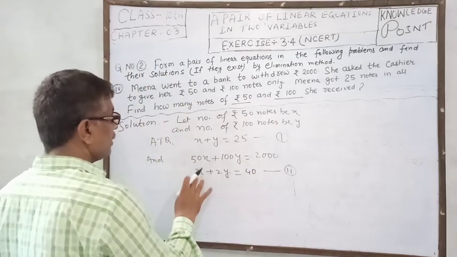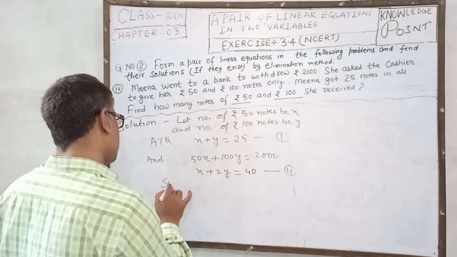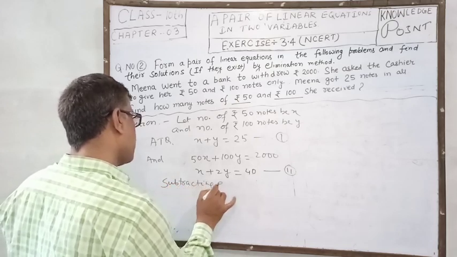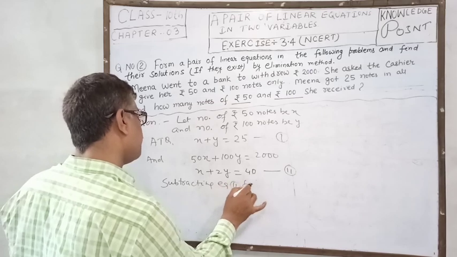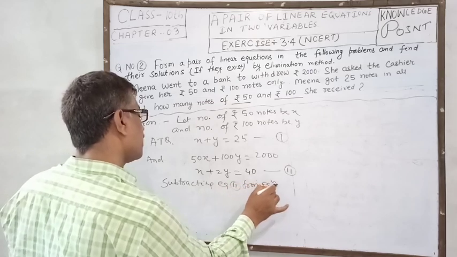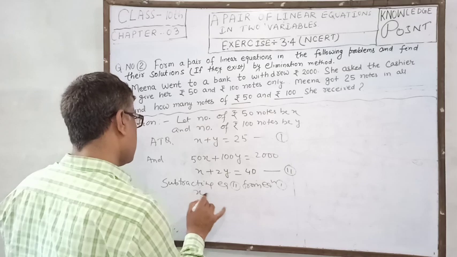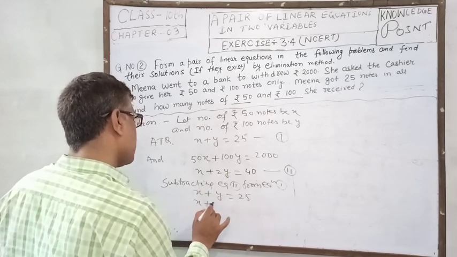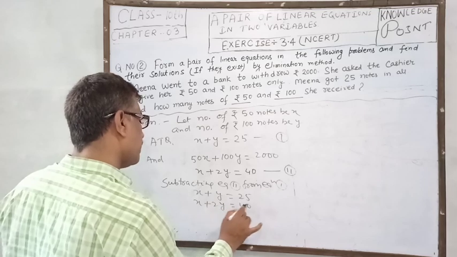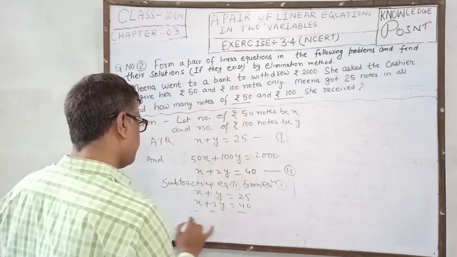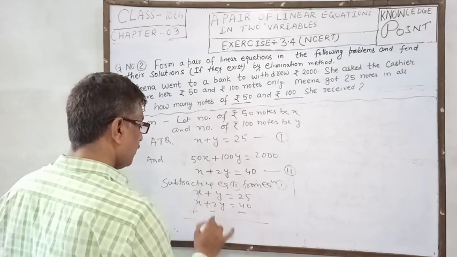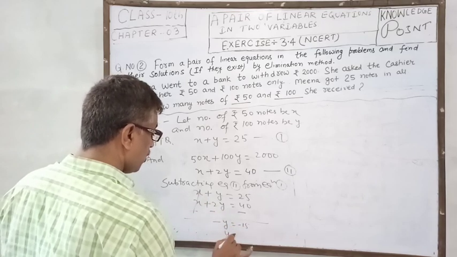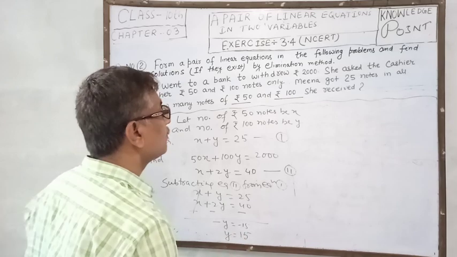Now subtracting equation 1 from equation 2: x plus y equals 25, x plus 2y equals 40, so y equals 15.